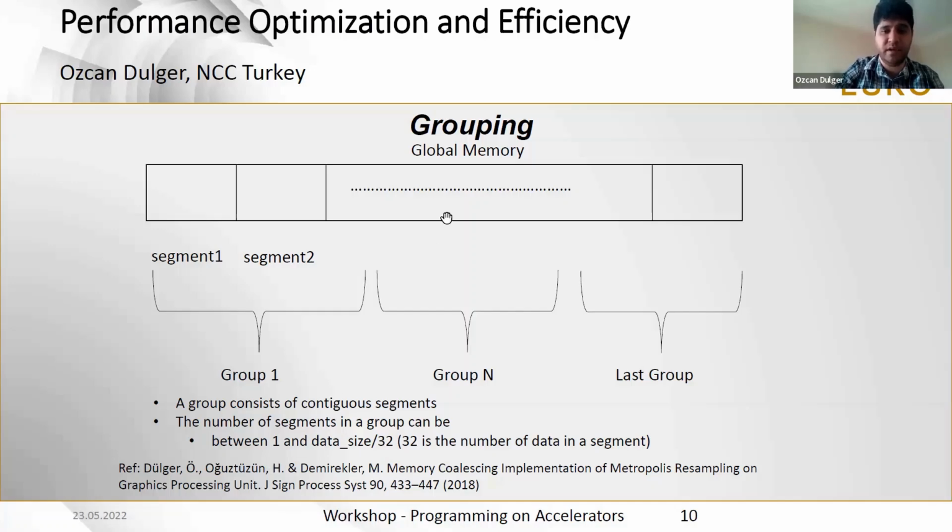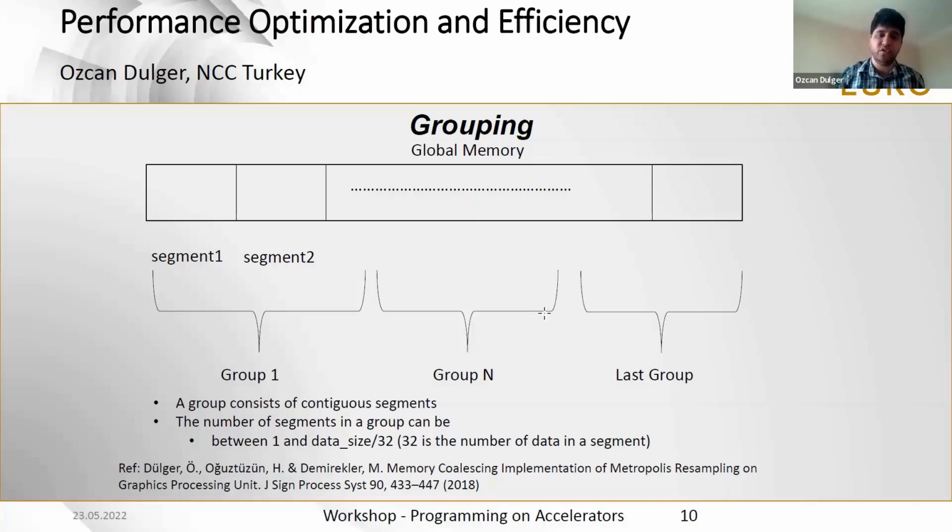So what do we mean by defining grouping? A group here consists of contiguous real segments. So this is important. The second characteristic is that the number of segments in the group can be between 1 and data size divided by 32. 32 is the number of data in a segment here.